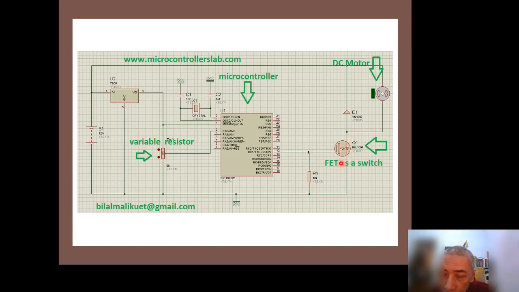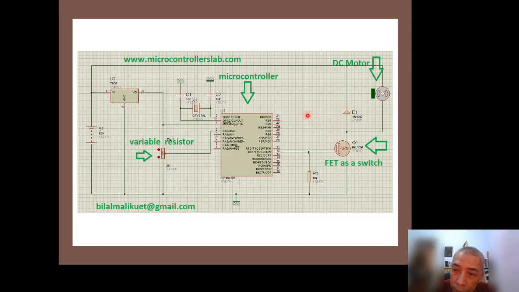So from the fed, you can see that this kind of circuit has a switch right here, and then to secure the DC motor you have to put a diode in parallel with it.